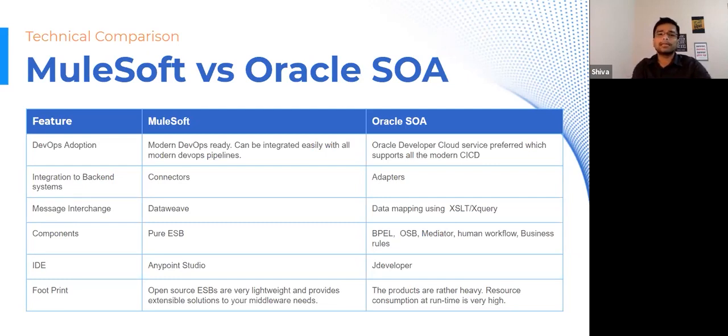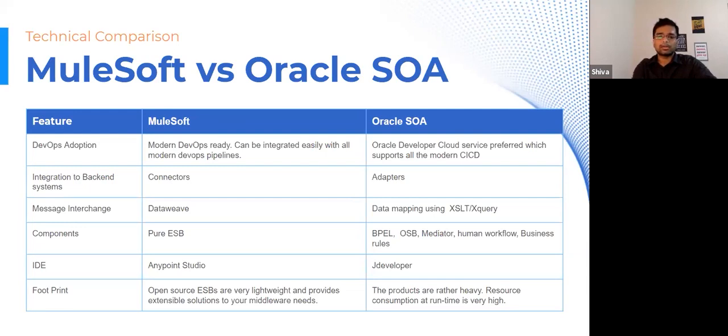Then integrations to backend systems: of course, MuleSoft has connectors and Oracle has adapters. Then message interchange, basically transformation, which is DataWeave in MuleSoft, and XSL and XQuery in Oracle SOA, right? Components: here we have the ESB. Oracle SOA is wider, with BPEL, OSB, ESB and everything. Then the IDE where we develop applications: Anypoint Studio, which is built on Eclipse, and JDeveloper, which is somewhere in parallel, part of that family itself.